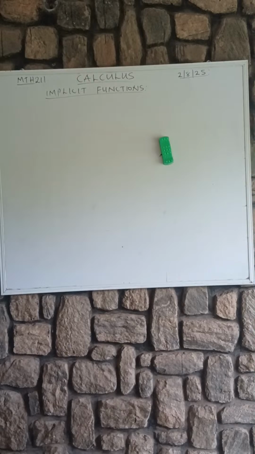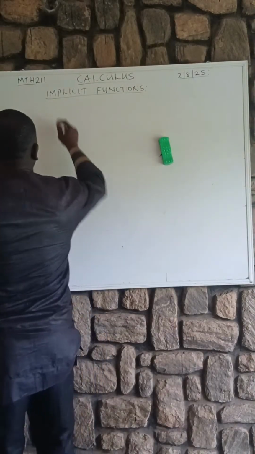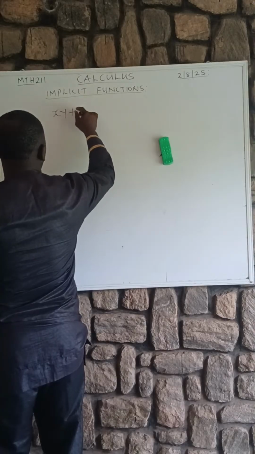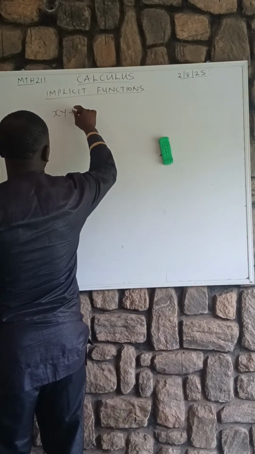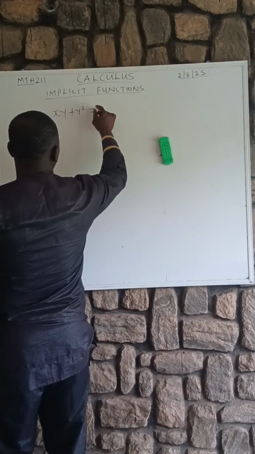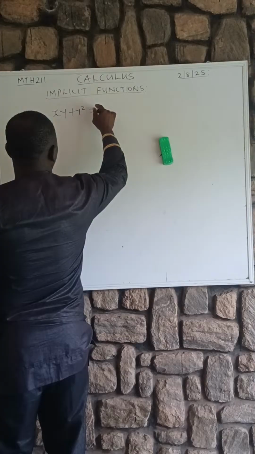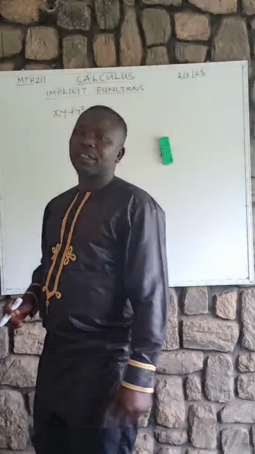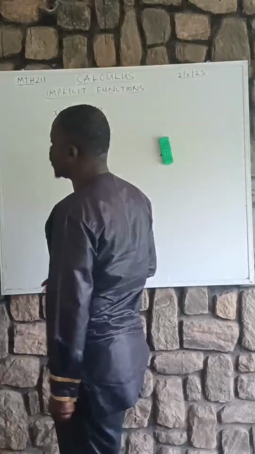When we say implicit functions, they are of the form either xy plus y squared equals 0. These are implicit functions.